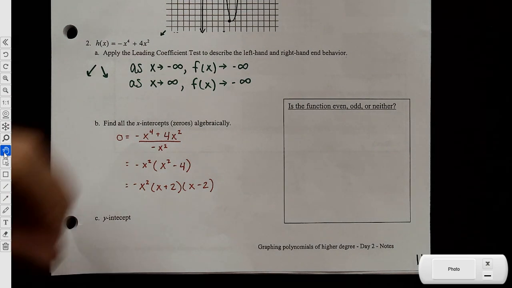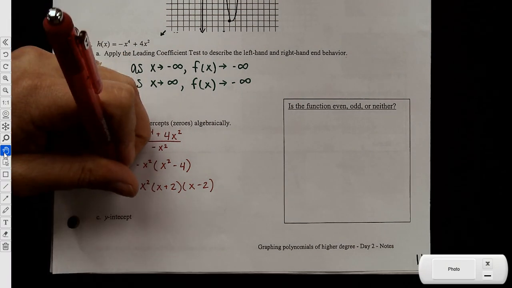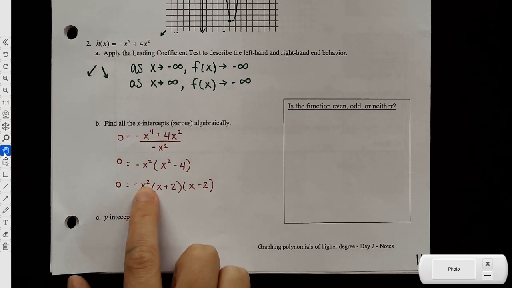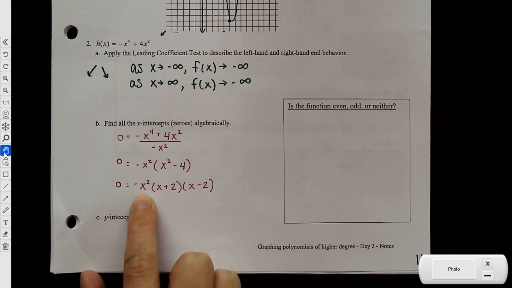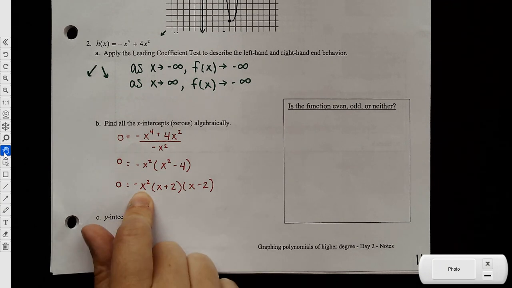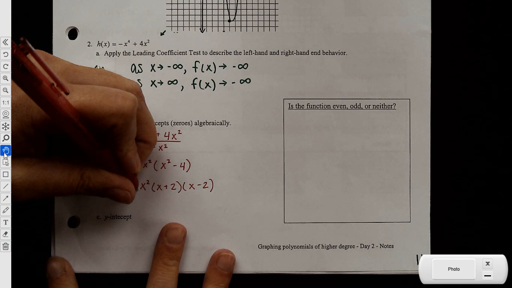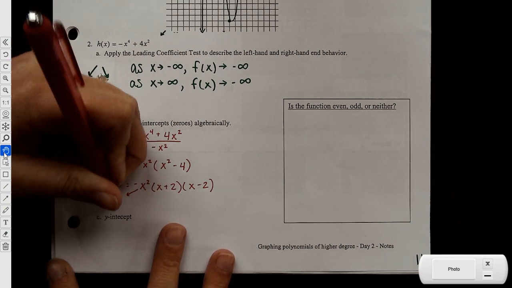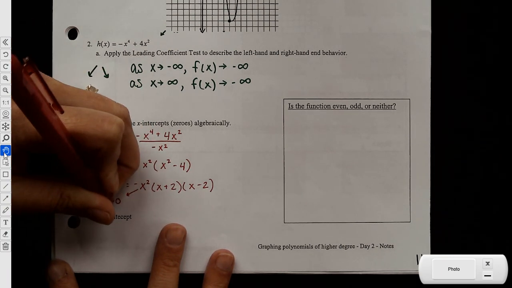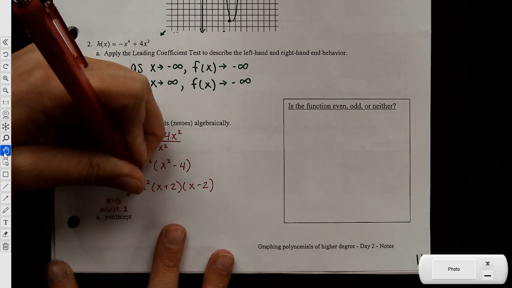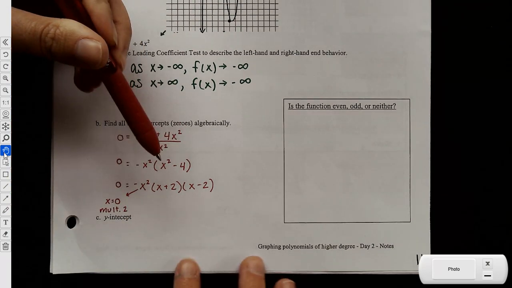Now, something that we can remember from Unit 2A is that when I have an exponent on an x, that makes that zero have a multiplicity. So this here tells me that x equals 0, but it has a multiplicity of 2. And that multiplicity of 2 is coming from that exponent of 2.